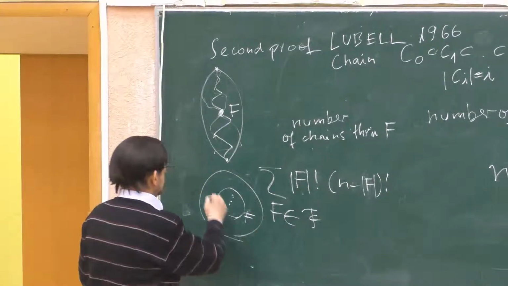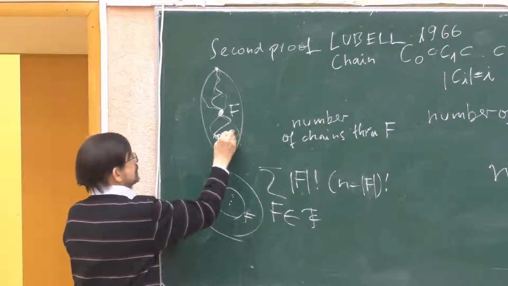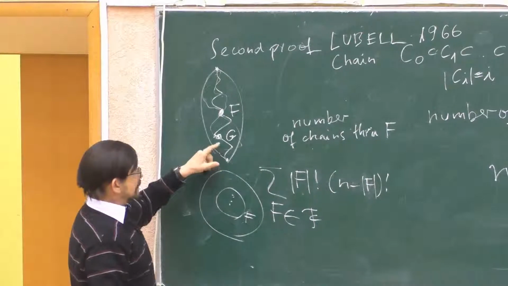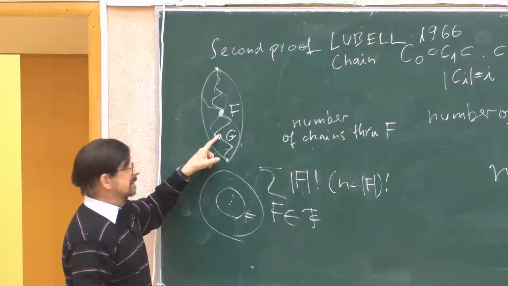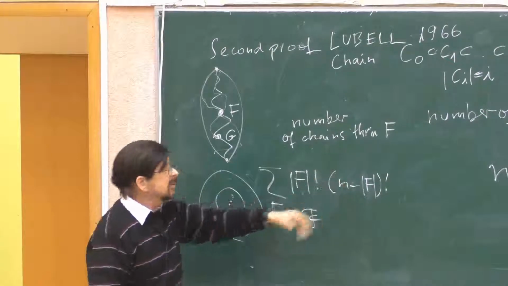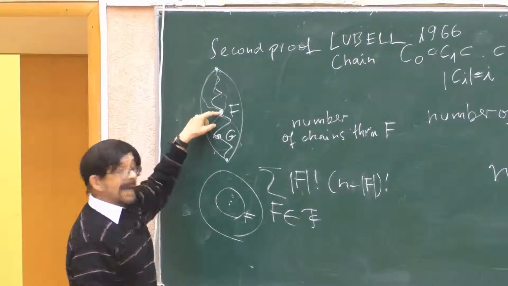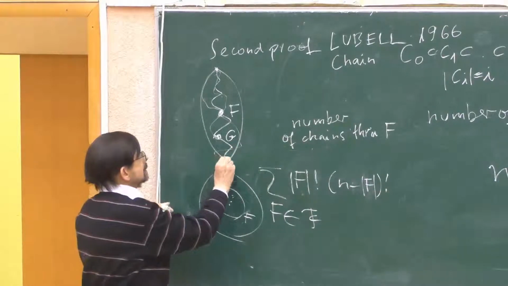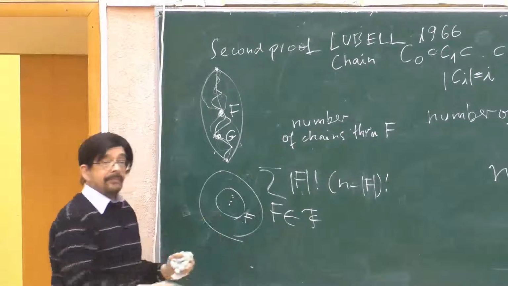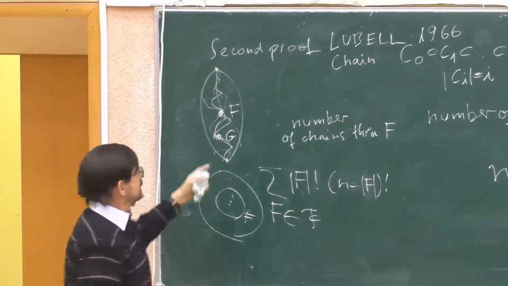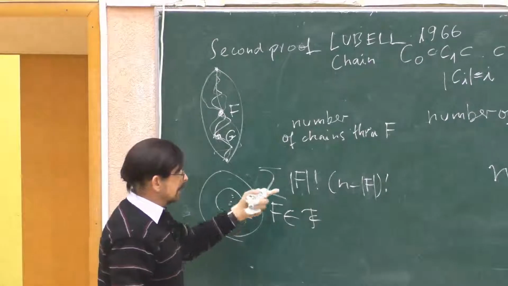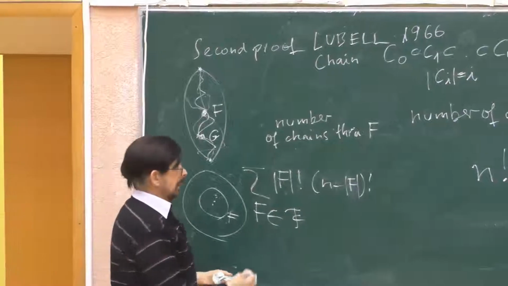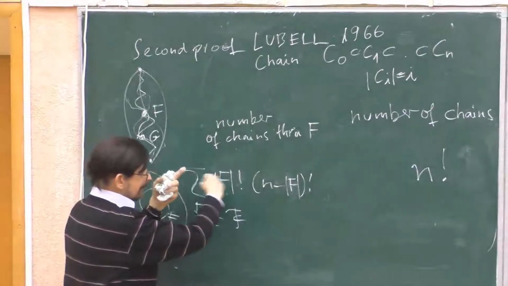So if there were G and F, here we took the chains going through G, and then another term, the number of chains going through F. If they coincide, then we have a chain going through both of them, which is impossible, because then this is a subset of this. So the number of chains we counted here are disjoint. For different F, we have completely different sets.